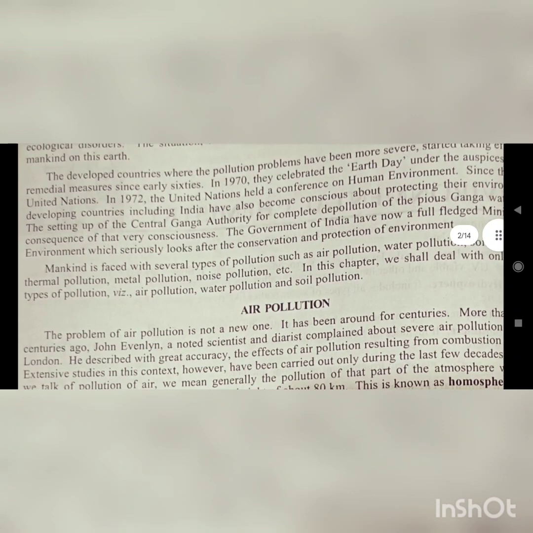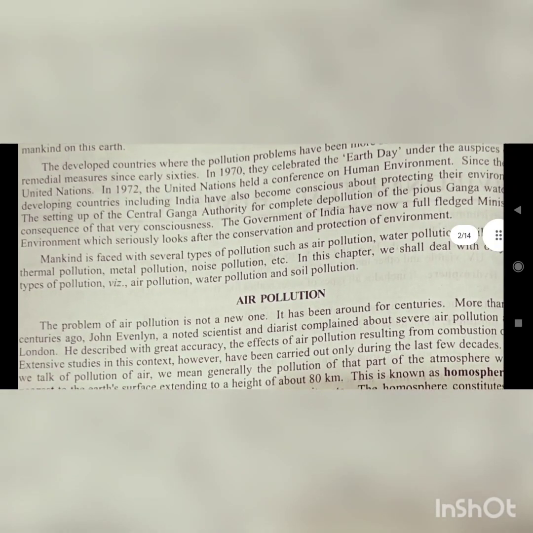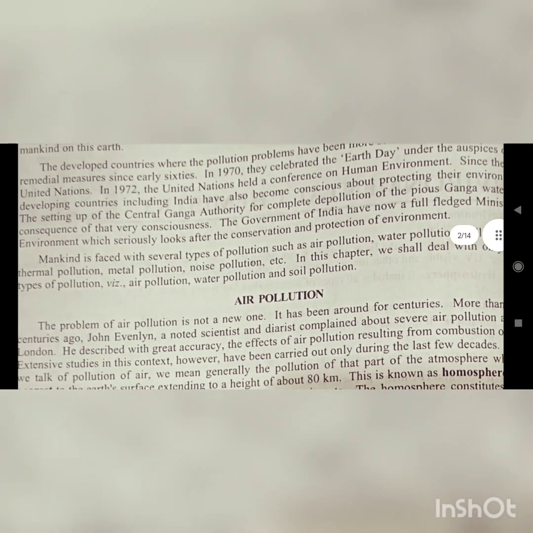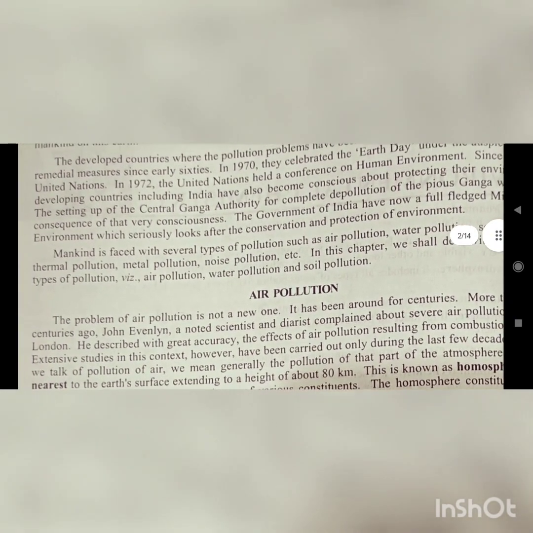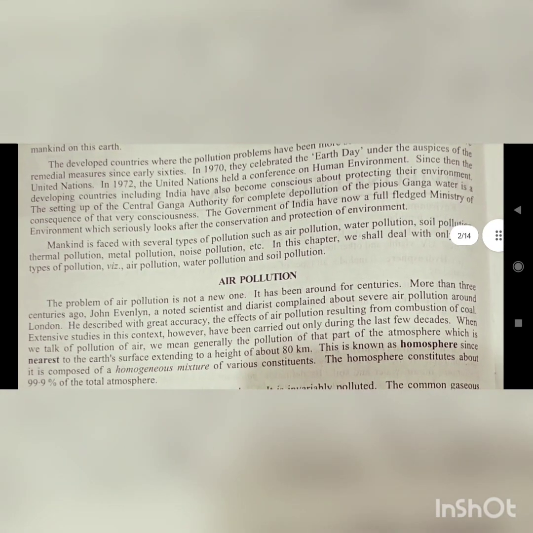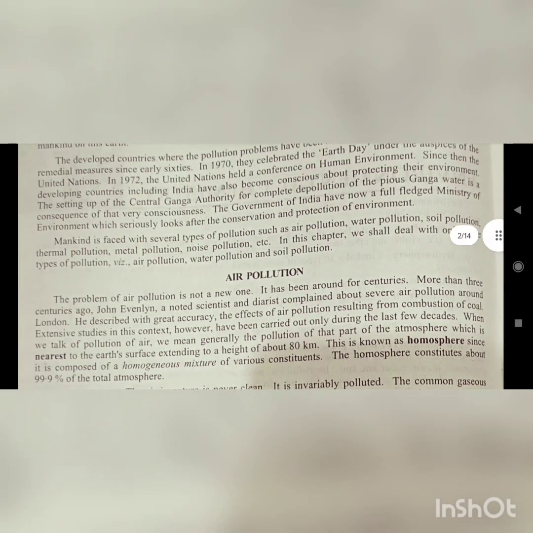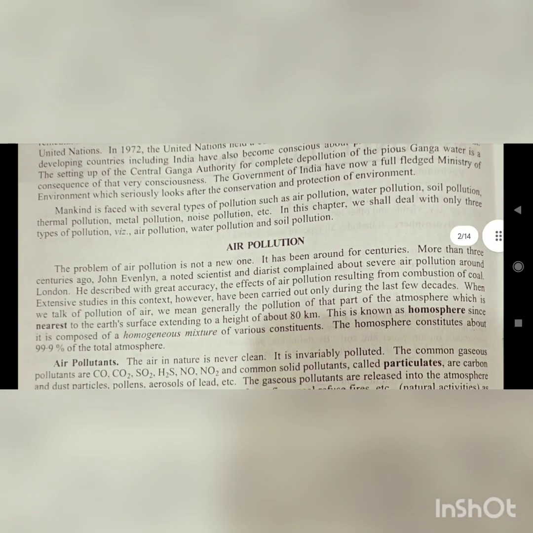Since then, the developing countries, including India, have also become conscious about protecting their environment. The setting up of the Central Ganga Authority for complete depollution of the pious Ganga water is a consequence of that very consciousness. The government of India now has a full-fledged Ministry of Environment which seriously looks after the conservation and protection of the environment.